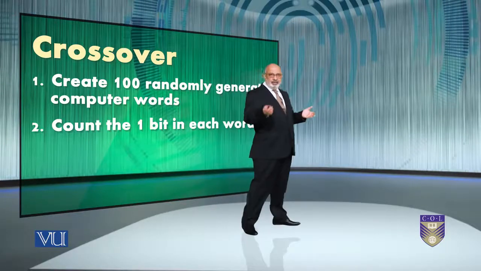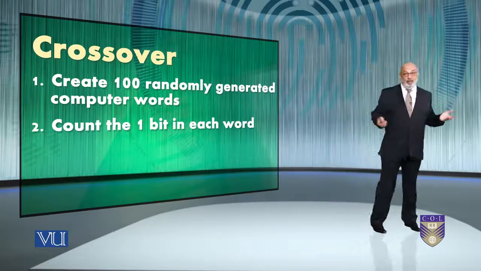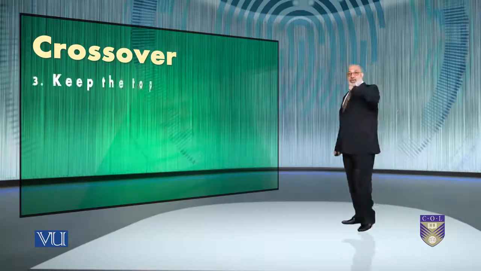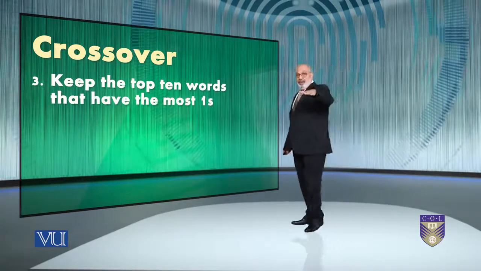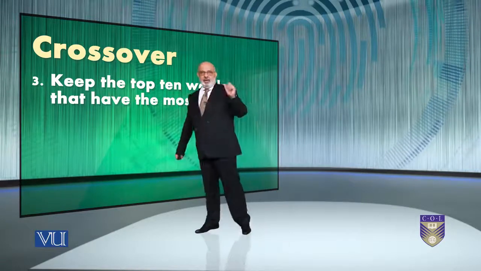From all those hundred, count the number of 1 bits. If you find a 32-bit word with all bits set to 1, you say you found a solution. If not, keep the top 10 words, as I said. So far it's the same as before. Discard the rest. Select the top 10.